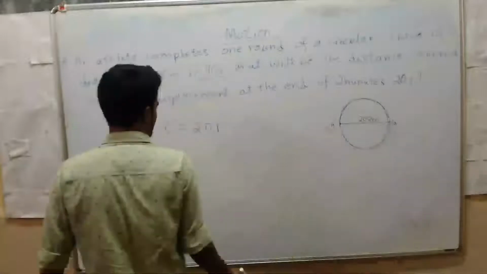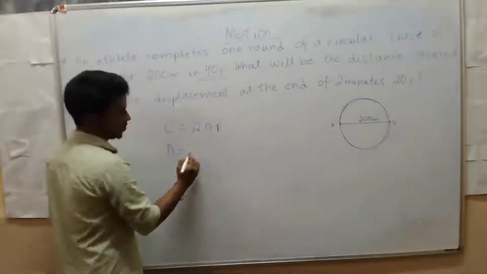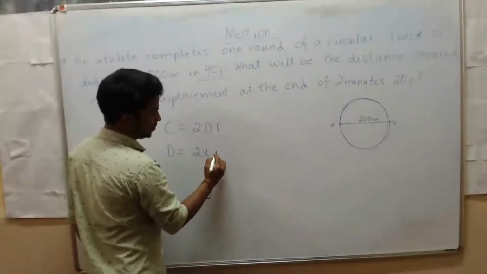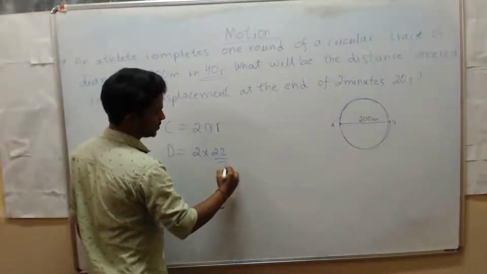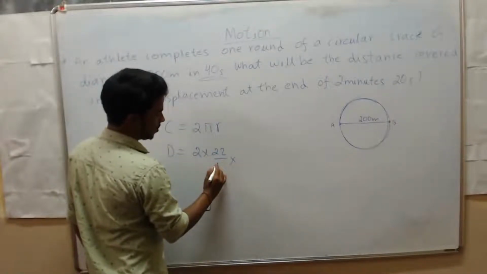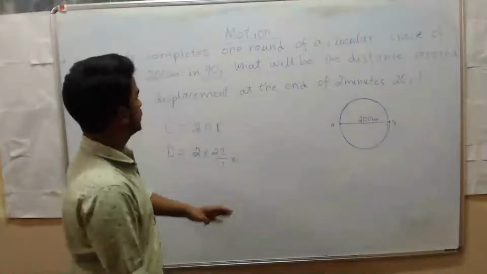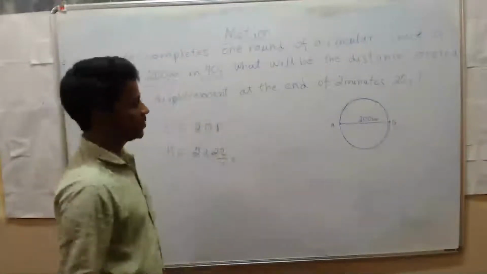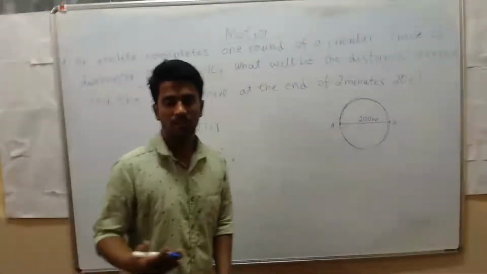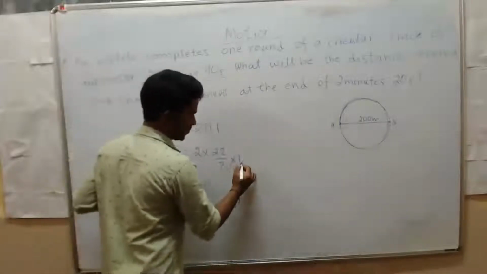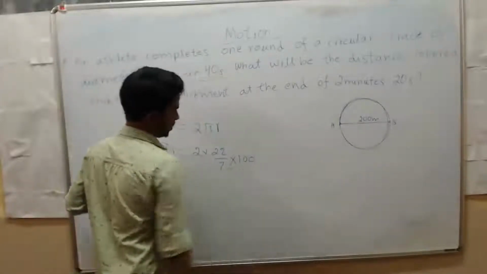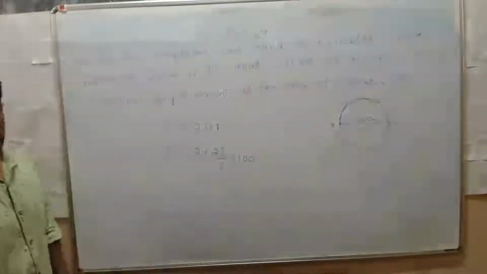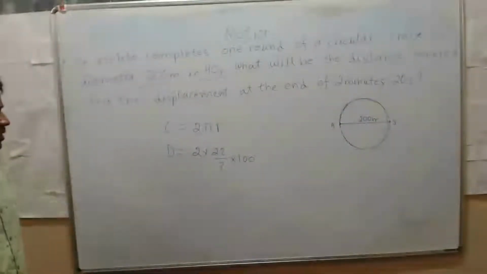So now the distance is equal to 2 into pi value, which means 22 divided by 7, into the radius of the circle. Here they have given the diameter is 200. Then what is the radius of the circle? Radius means half of the diameter, that is 100. How to calculate this?